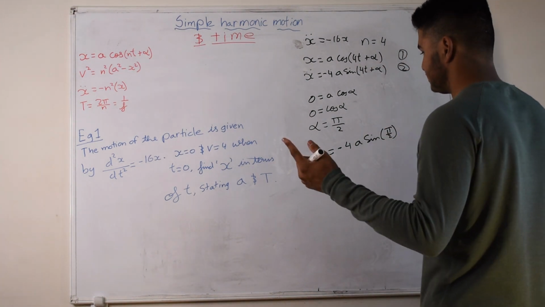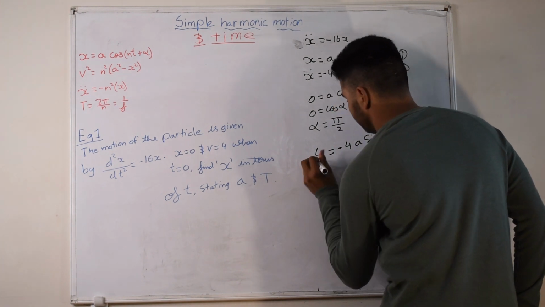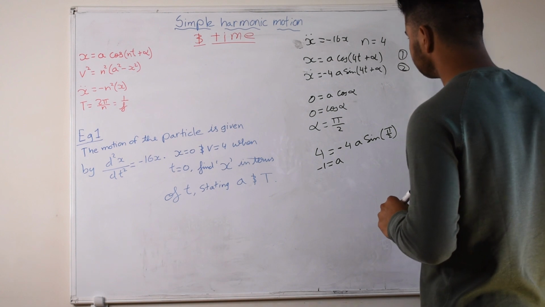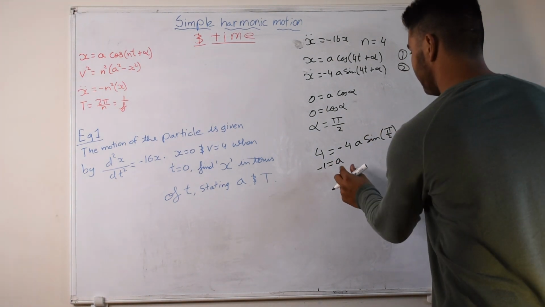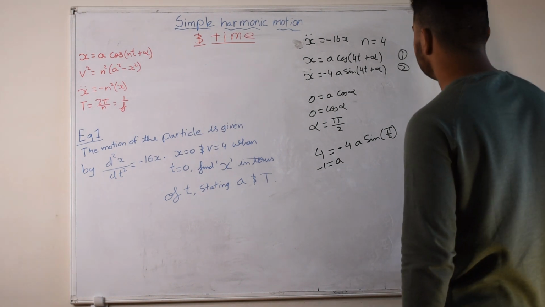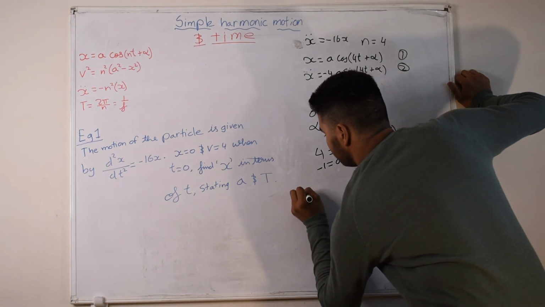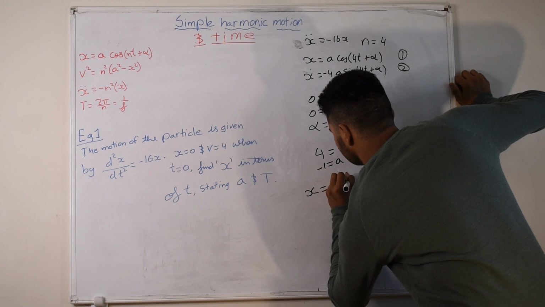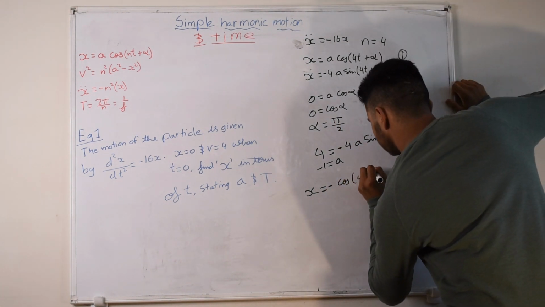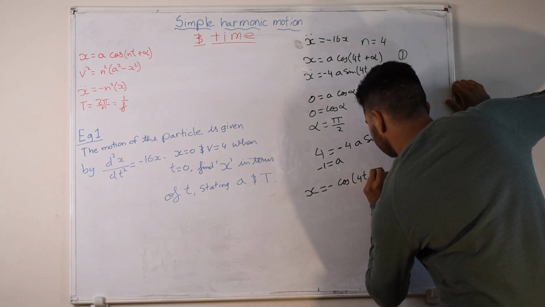Sin 90 just gives me 1. 4 upon negative 4 is negative 1, equals a. Amplitude equals negative 1. So we can rewrite this in terms of our first equation, number 1. Therefore, x equals negative cos(4t + pi upon 2).